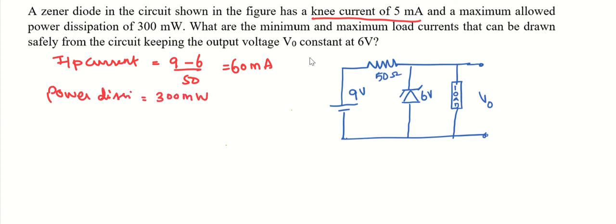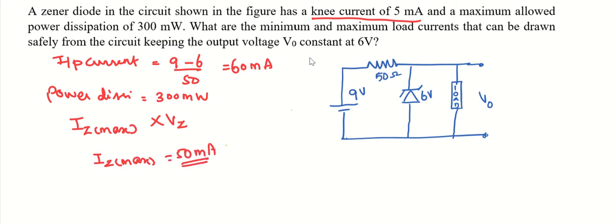Okay, the power dissipation is equal to the maximum current flowing through the Zener into the voltage. So we can find I_Z max through this formula, that is I_Z max is equal to 50 milliamp.